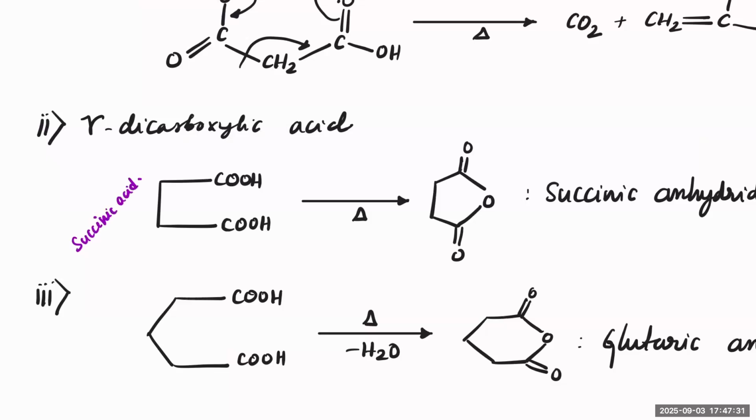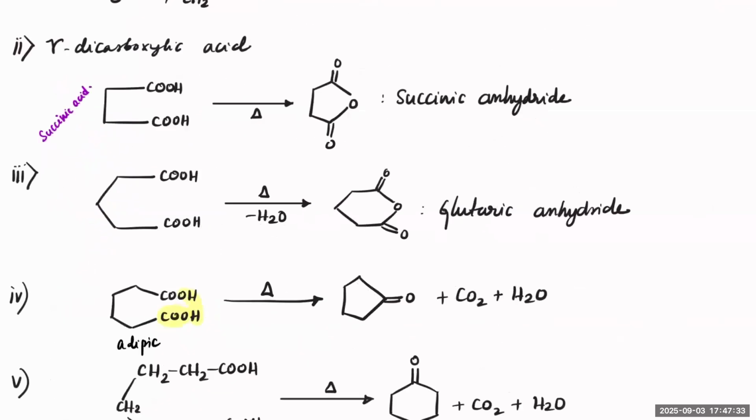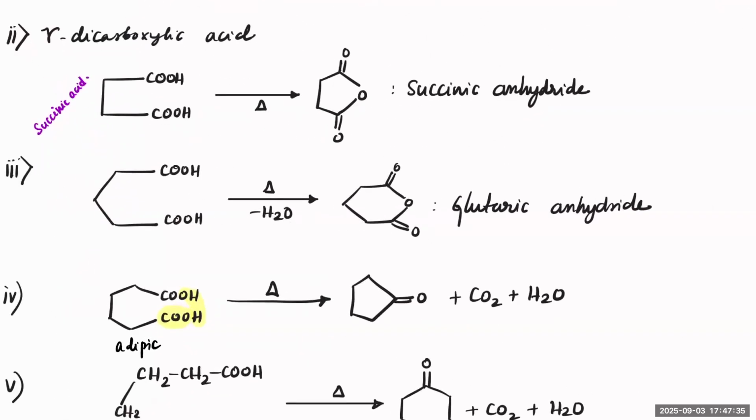Succinic acid will convert into succinic anhydride. Clear? Right. Next, this one is glutaric acid. When it comes to glutaric acid, again remove OH and H from here, and you will get a 6-membered cyclic anhydride. So this is glutaric anhydride.